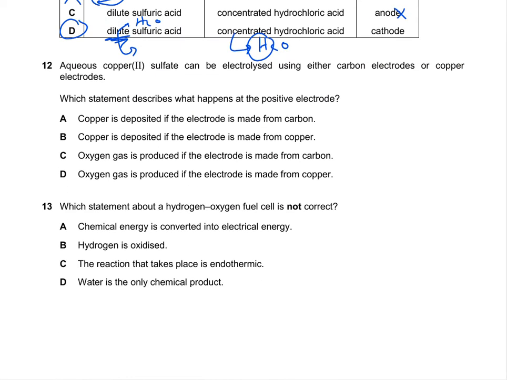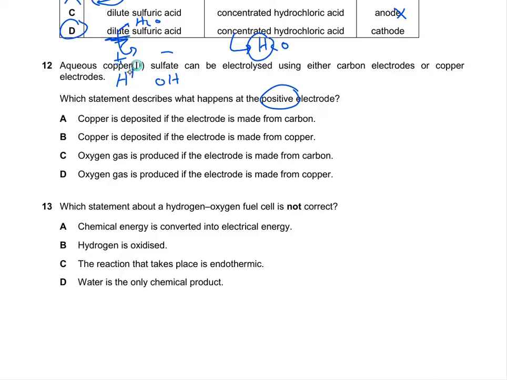Aqueous copper 2 sulfate can be electrolyzed using either copper electrodes or carbon electrodes. Which statement describes what happens at the positive electrode? Copper 2 sulfate is aqueous, so copper is positive, sulfate is negative, and it's aqueous, so it contains water, so H and OH.